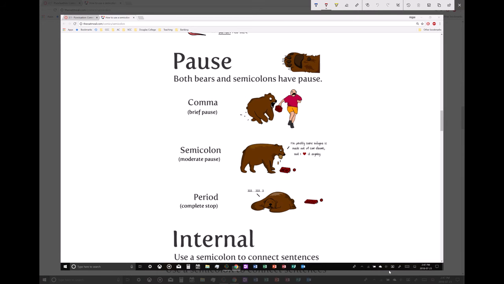The semicolon serves as a small pause in a sentence that is slightly longer than a comma, but not as long as a period. So here's just an illustration showing how this might work. So the guy is running from the bear. There's no pause. He must keep running. So a comma would read something like this.